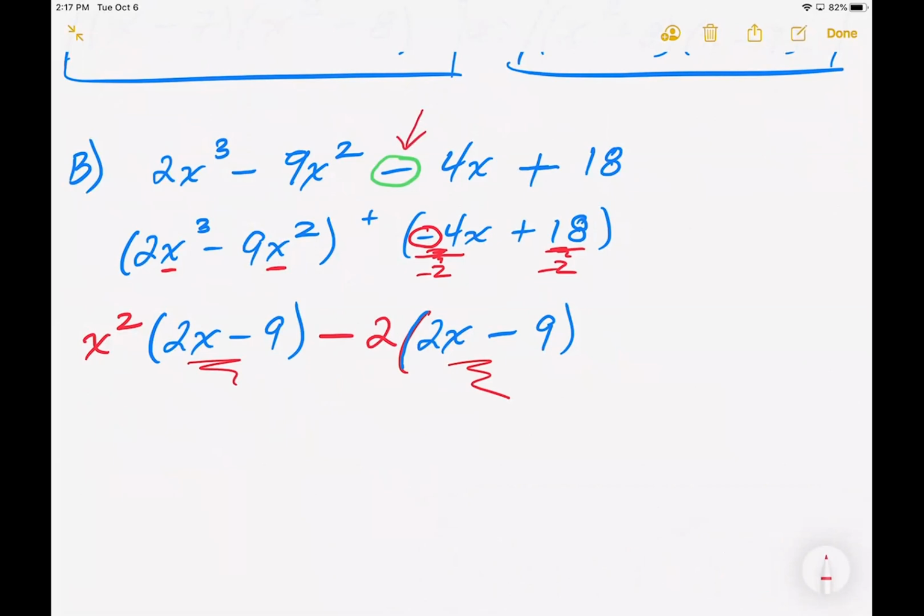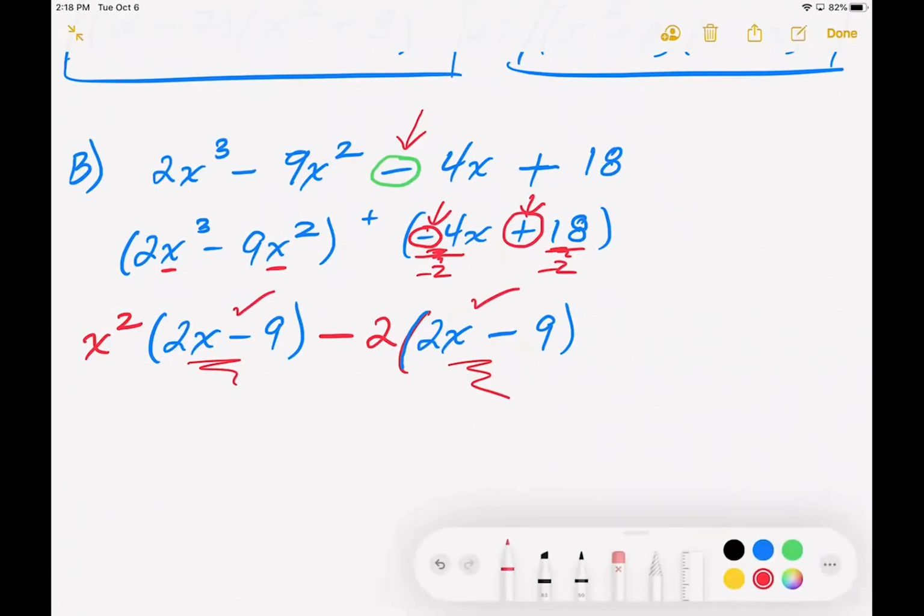And because I include a negative in the second, when I factor out a negative, I can change the sign. Because a negative going into a negative becomes a positive, and a negative going into a positive becomes a negative. So in this case, that's why my sign changed. Negative becomes positive and positive becomes negative, because I want my like term in my parenthesis to be the same.